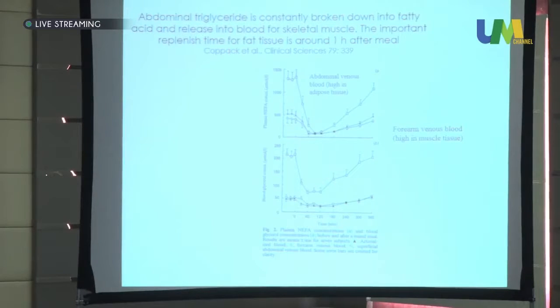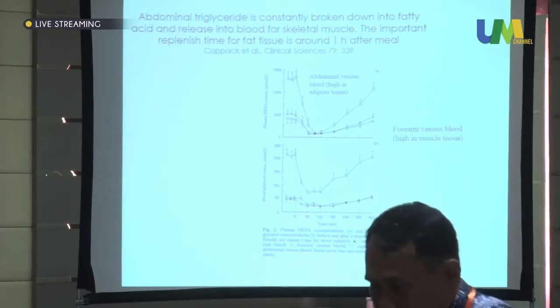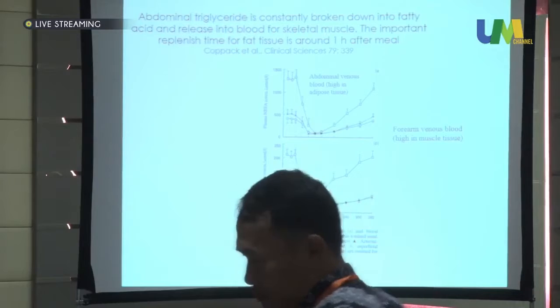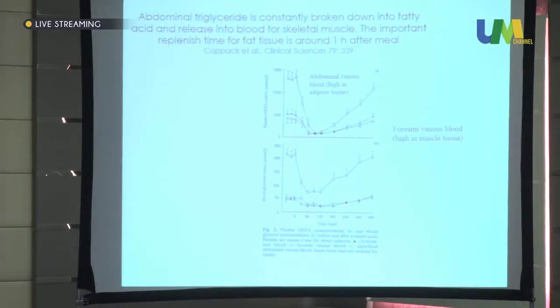So when you have a competitor for the fatty carbon source, when you have the meal, then this fatty carbon source return to adipose tissues would be less. And therefore, you can create a negative fatty acid balance in your adipose tissues.